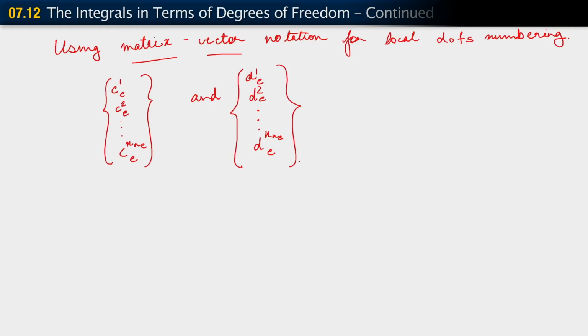right? Using this, what we observe is that we essentially are able to write our integral, right? This implies that we can write integral over omega E as, now, minus, we're going to write the C vector as a row vector, right? And you recall how we did this in the 1D case as well.